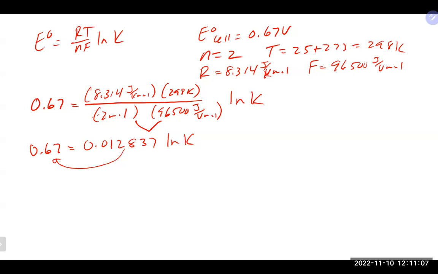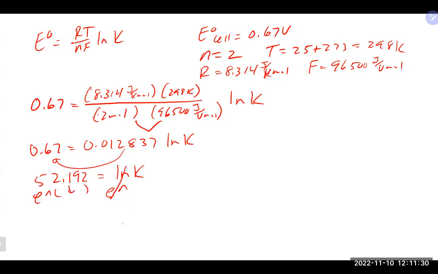We're going to bring that to the other side. That's going to give us 52.19 equals the natural log of K. At this point, we will raise E to both sides to get rid of the natural log.